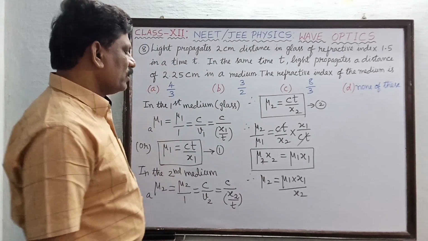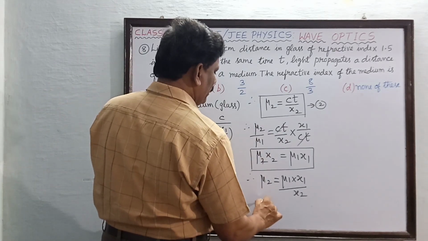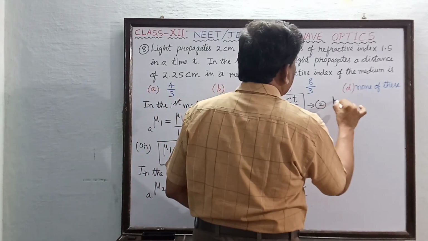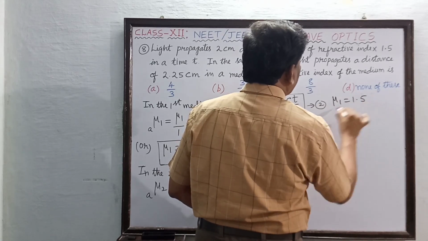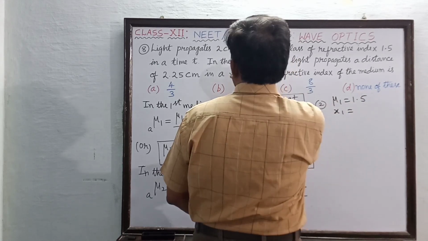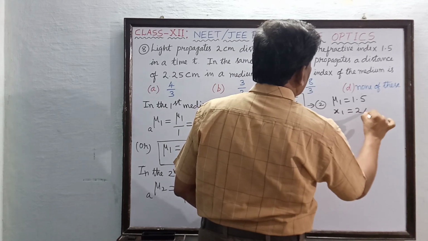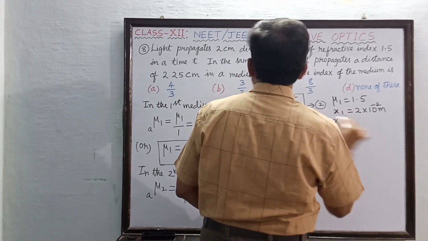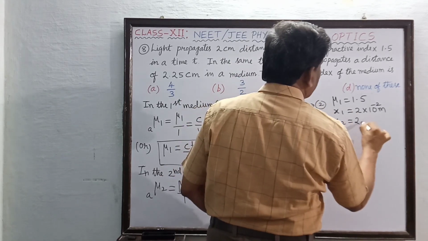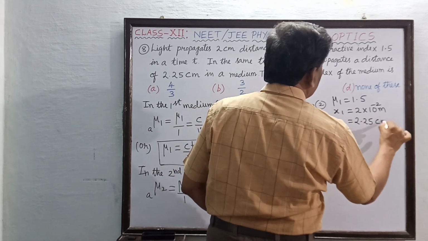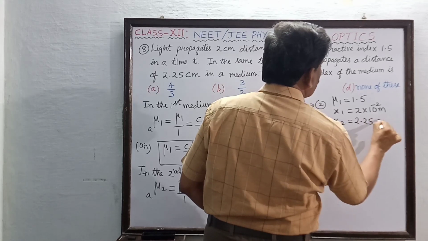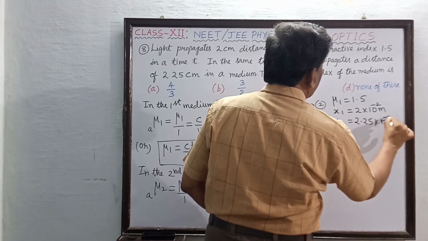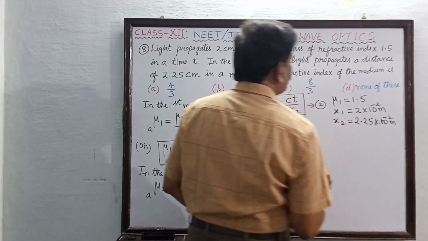Understand? Here mu1 is equal to 1.5, x1 is equal to 2 centimeter, so 2 into 10 power minus 2 meter. x2 is equal to 2.25 centimeter, that is 2.25 into 10 power minus 2 meter.